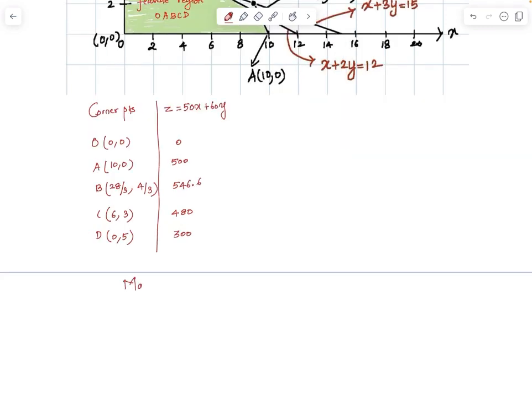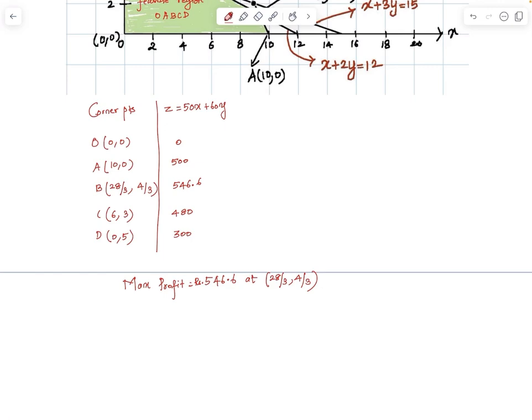So maximum profit is rupees 546.6 at 28 by 3, comma 4 by 3. So the meaning of this is the profit is 546.6 and we get that at the corner point 28 by 3, comma 4 by 3.